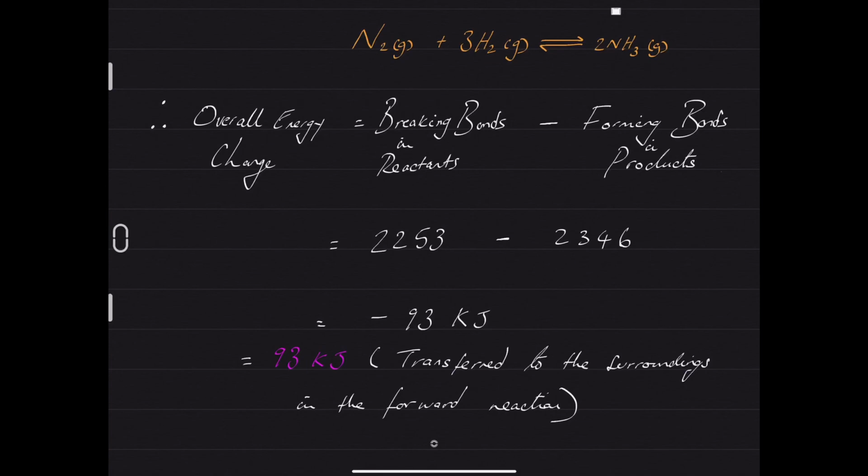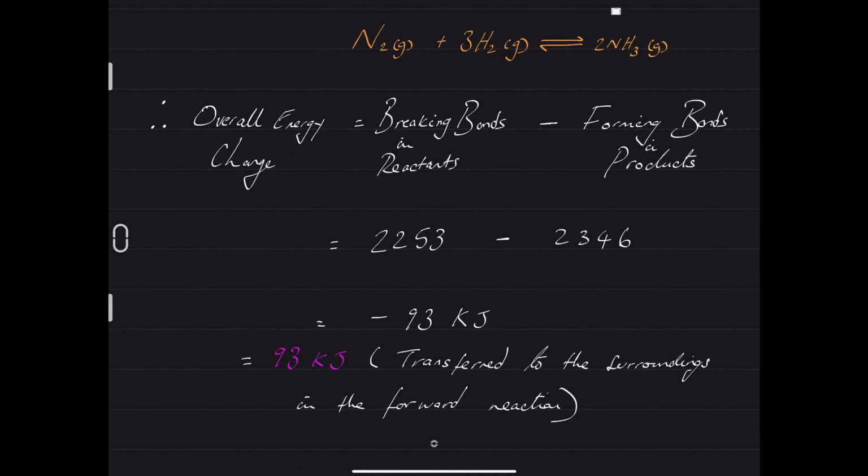So breaking the bonds in the reactants, we got 2,253 kilojoules, and forming bonds in the products, we have achieved 2,346 kilojoules.